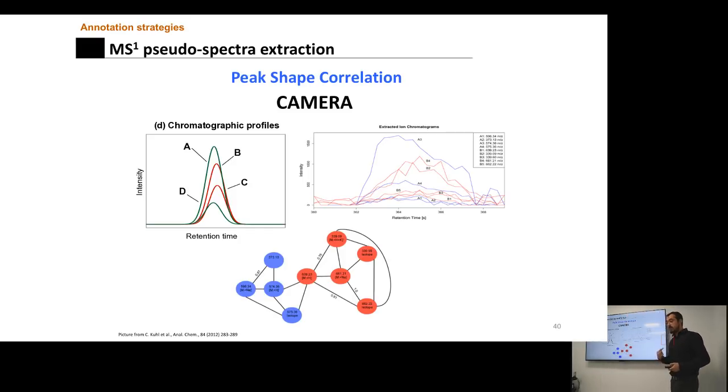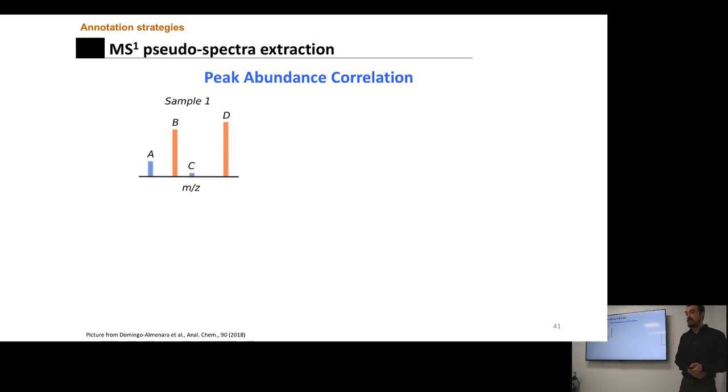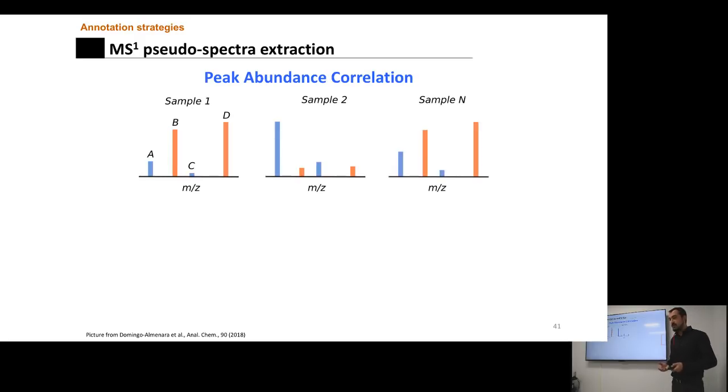There is another approach, which is called peak abundance correlation, which works this way. Let's imagine that we have one sample, and we have four peaks, four features: A, B, C, and D. A and C belong to the same metabolite, B and D belong to another metabolite. We're going to have these features in the sample, but then in another sample we're going to have the same features with different intensities, and again for as many samples as we have.